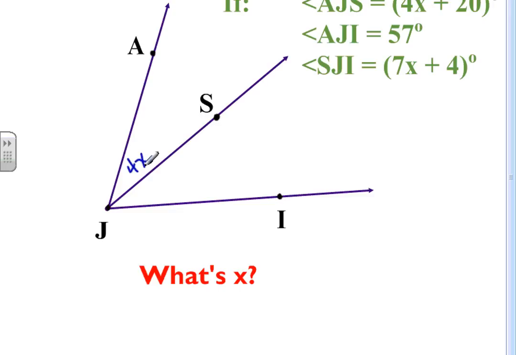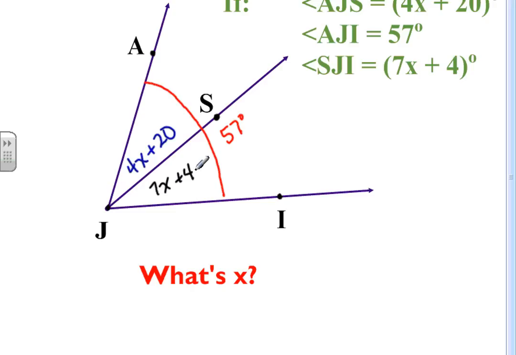So let's put that in the angle AJS. AJI, so the whole thing, this entire angle here, this entire angle is 57 degrees. And the last piece, SJI, is 7x plus 4.